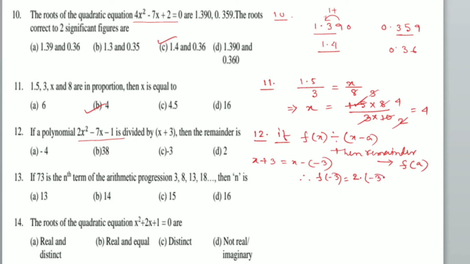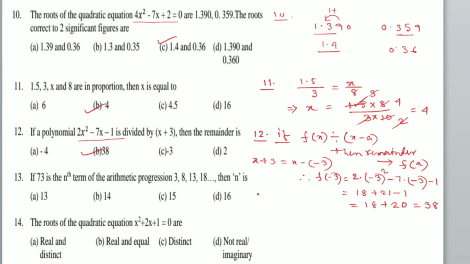So 2 into minus 3 whole square minus 7 into minus 3 minus 1, and it will be 9 into 2, 18 plus 21 minus 1, and it will be 38. So option B is the right answer.